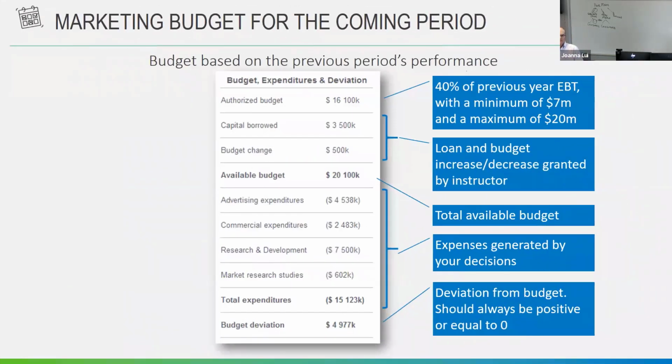You have a budget every time that you'll be looking at, and it says right here, it's 40% of your last year's earnings, and you'll be able to just see it update in real time where you are.